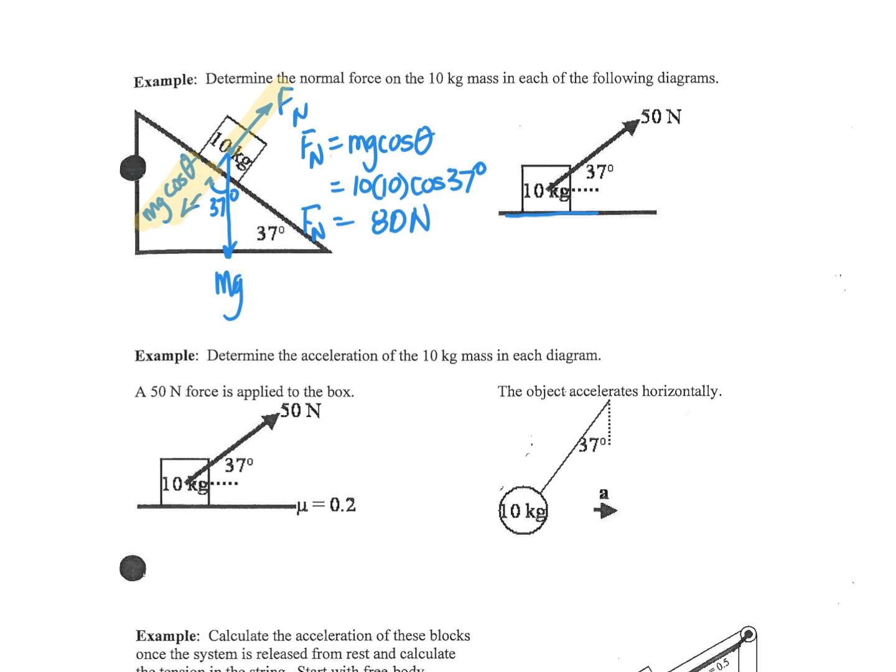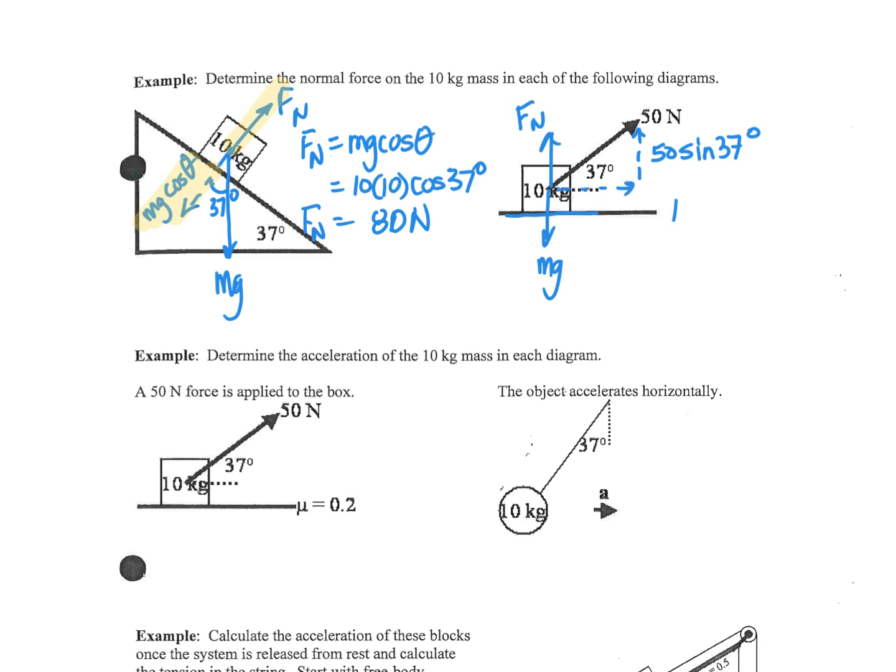We have 50 newtons being pulled this way, but we want the normal force. So we've got mg this way, we've got the normal force this way, and then we've got a component of this, which would be 50 sine 37 degrees. And then this one would go this way, not that we need it.